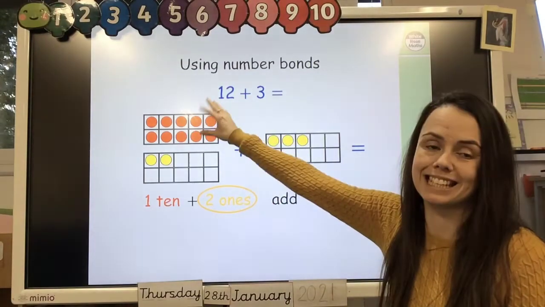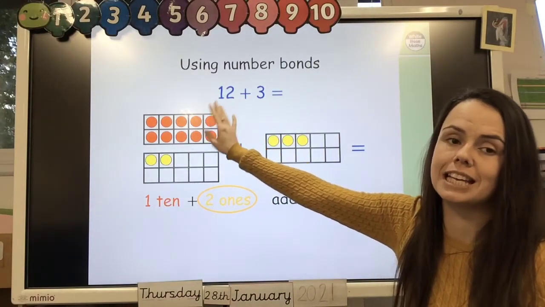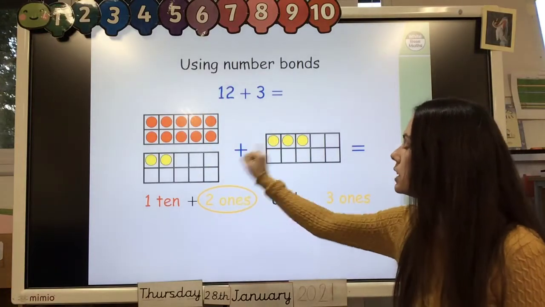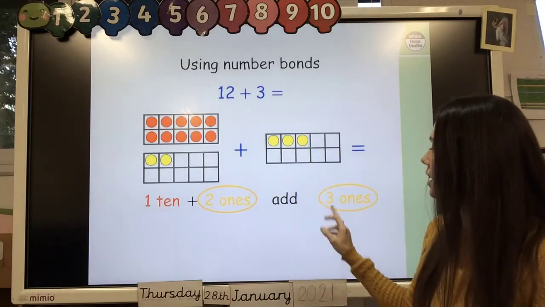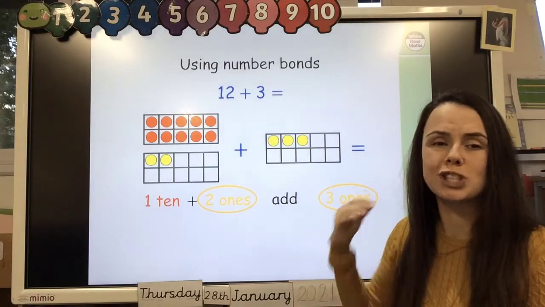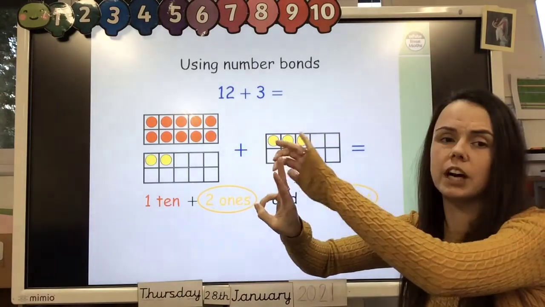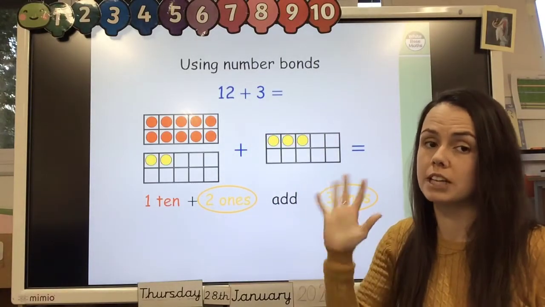We don't need to add anything to the 10 because the 10 is still there. What we are adding is the 2 ones together. So 2 ones add 3 ones. What's 2 add 3? 2, 3, 4, 5. You know that 2 add 3 is 5.